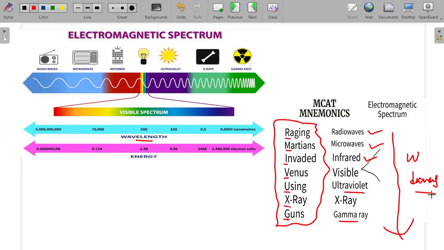In that same direction, the opposite should happen to the frequency, and whatever happens to the frequency is the same thing that happens to the energy. That's how you memorize these things.